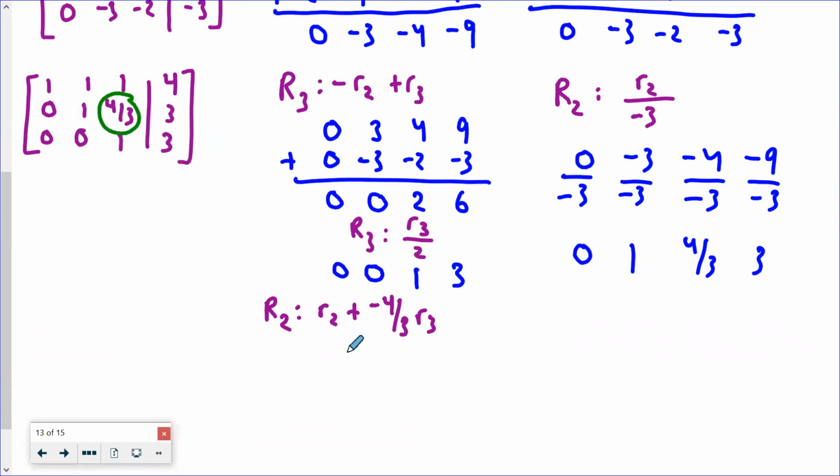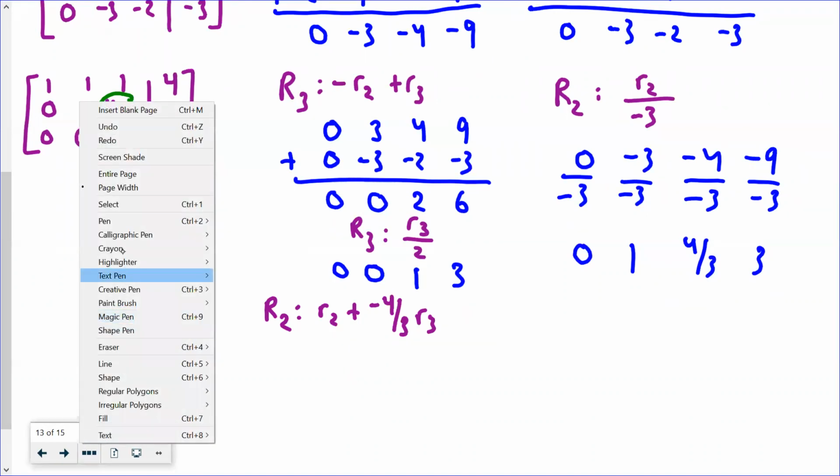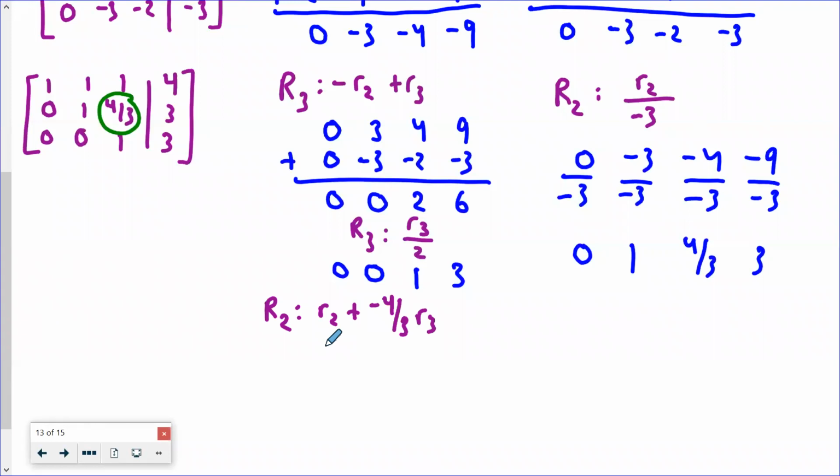So row 2 is currently 0, 0, 1, 4/3, 3. And I'm going to times row 3 by a -4/3. And when I times -4/3 by 3, they go away like that.